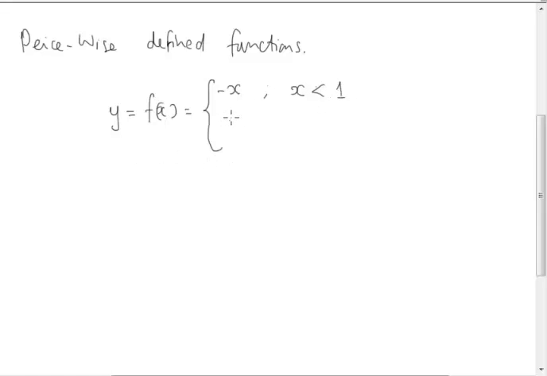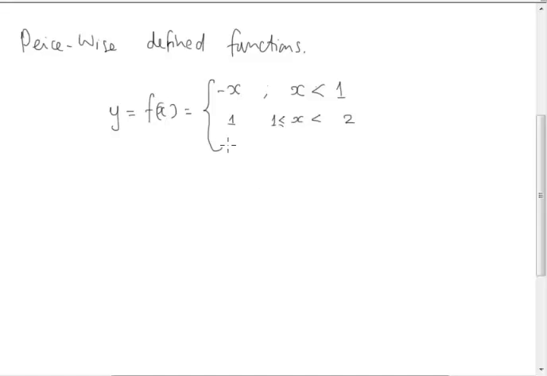And then you can say this function is 1 for x between 1 and 2.